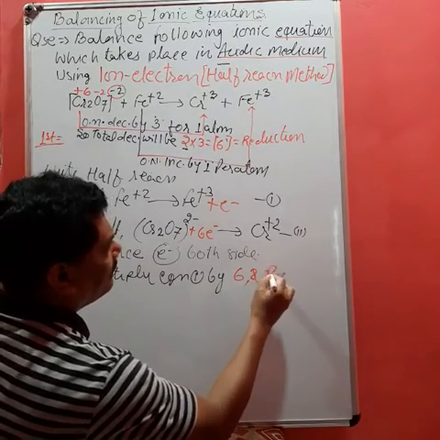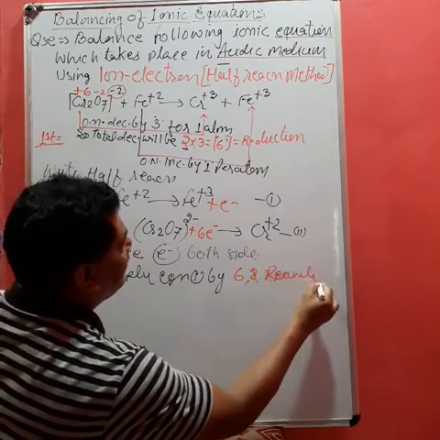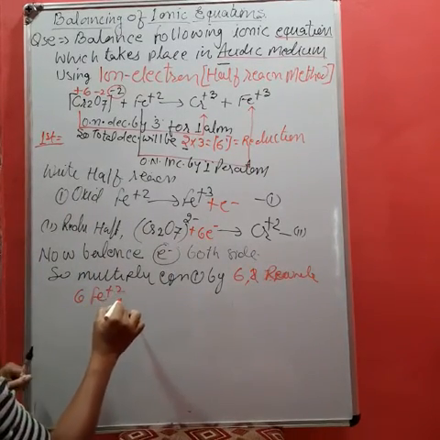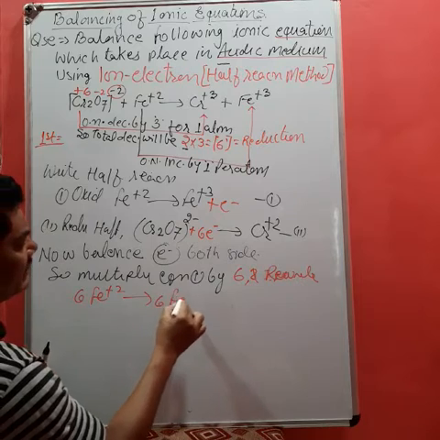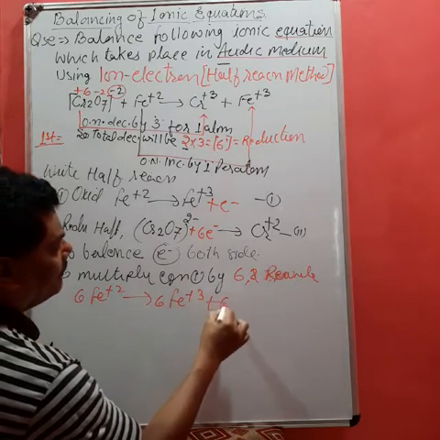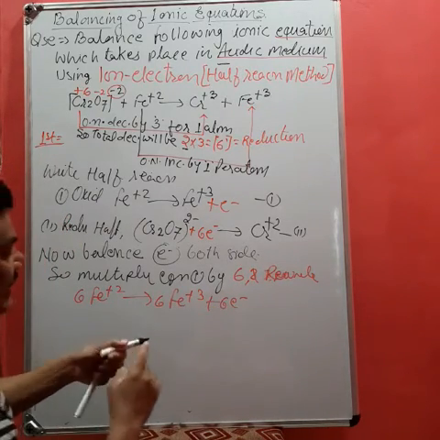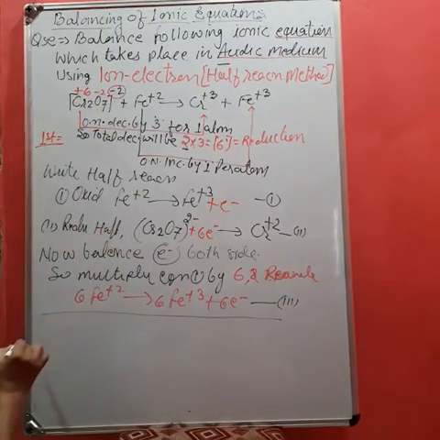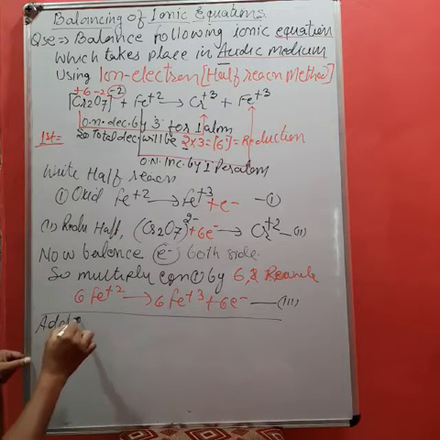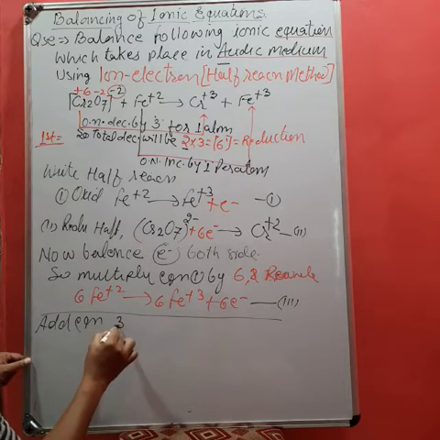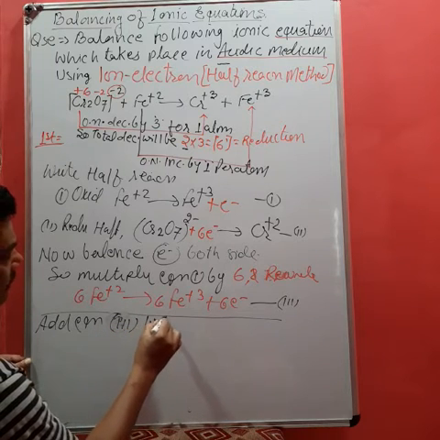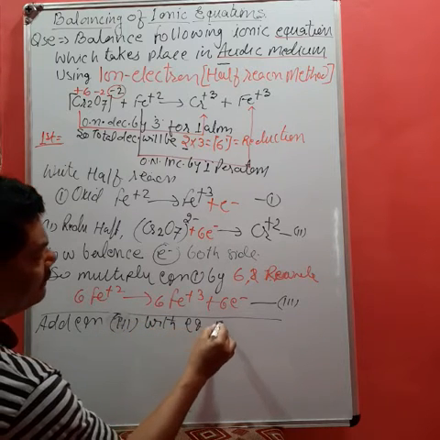Rewrite the equation. Here it will become 6 Fe plus 2 getting converted into 6 Fe plus 3 and 6 electrons. Now this becomes your equation number 3. Now what to do? Add equation 3 with equation 2.